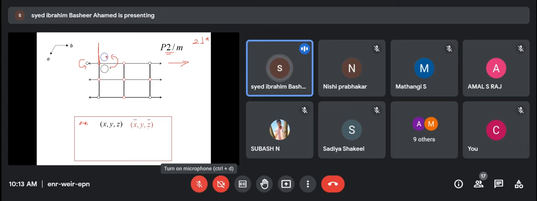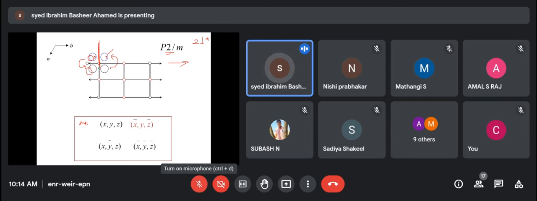Now you apply the mirror which is perpendicular to this twofold rotation axis, so you will get a molecule here and a molecule here. For this, applying the mirror gives X, Y bar, Z bar. And for this, applying the mirror gives X bar, Y bar, Z bar.